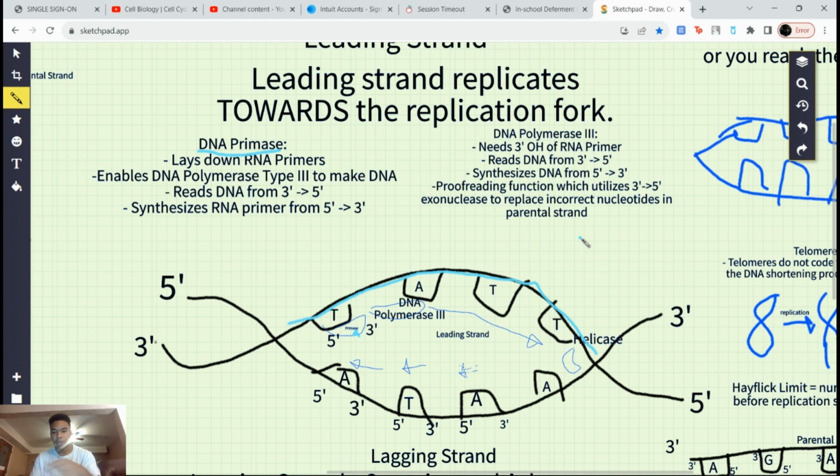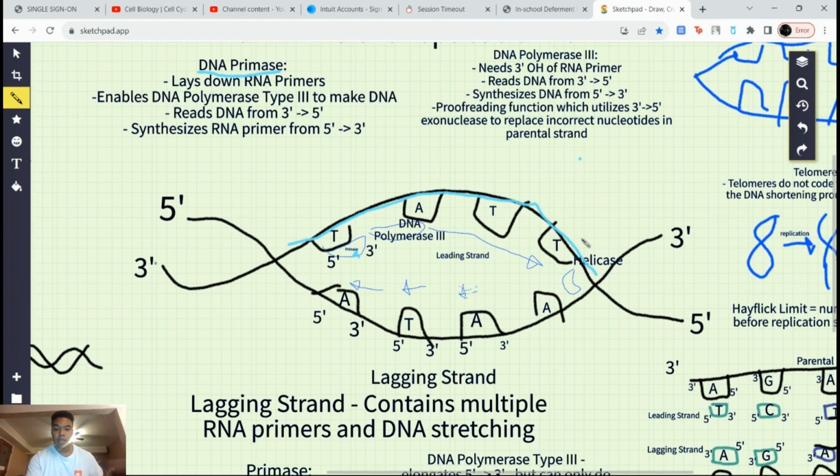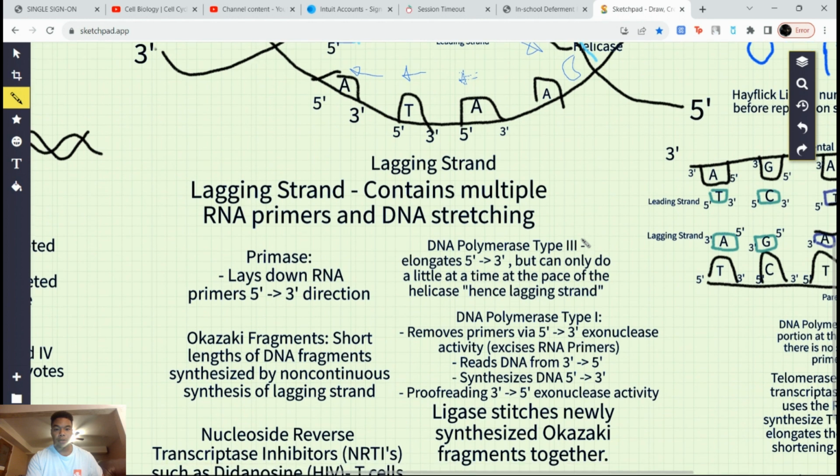All right, boom. Is this the right one? Boom. If it's not the right one, it's like, nah, and then puts the right one and incorporates the right nucleotide. So it has a preliminary proofreading function, essentially, which is important. Now we're going to move to the lagging strand.